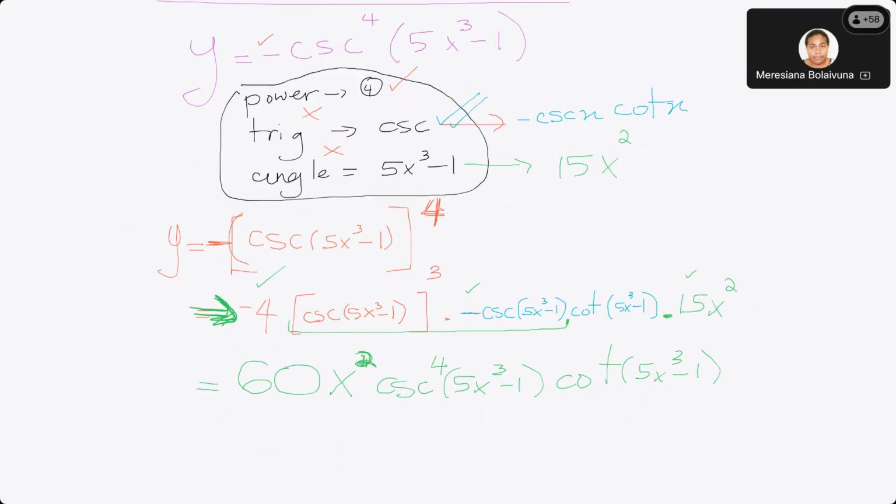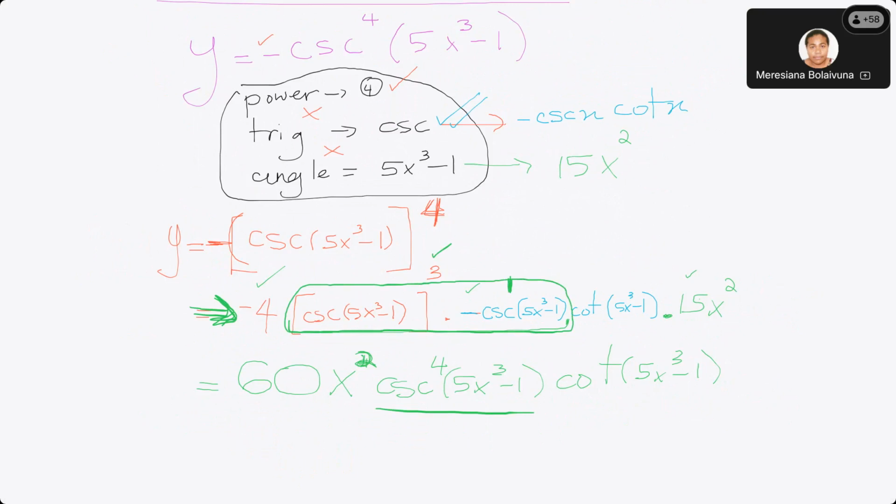And then you multiply by the derivative of cosecant, which is negative cosecant 5x cubed minus 1 cotangent 5x cubed minus 1. These two are the same, but one has the power of 3 and the other is to the power of 1. So when you add 3 and 1, it gives you cosecant to the power of 4, 5x cubed minus 1. Right?